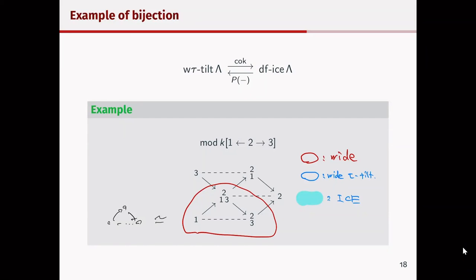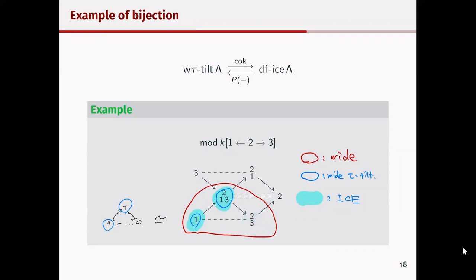So this is a wide tau-tilting module because it corresponds to all projective modules. And by taking cokernels, we have to add this, and this, since the last one is a cokernel of this map.